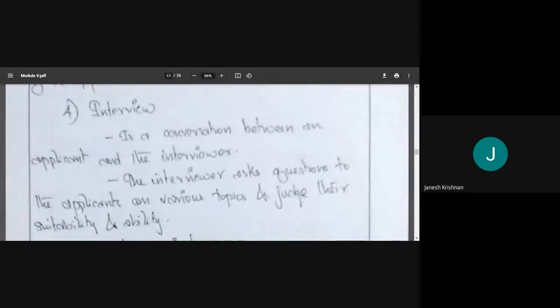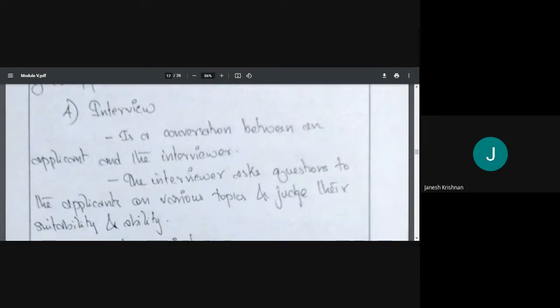The interviewer will ask you questions and assess your knowledge, your suitability, your ability. You'll be judged on this, basically, because you have the qualifications, you have met the requirements, and you have passed the test they have given.